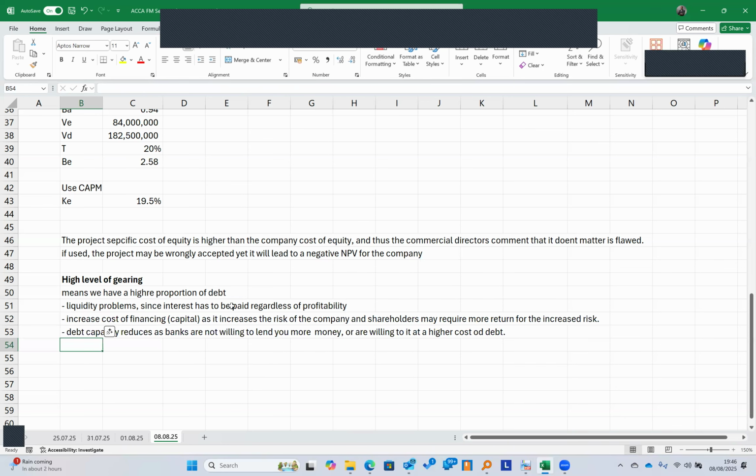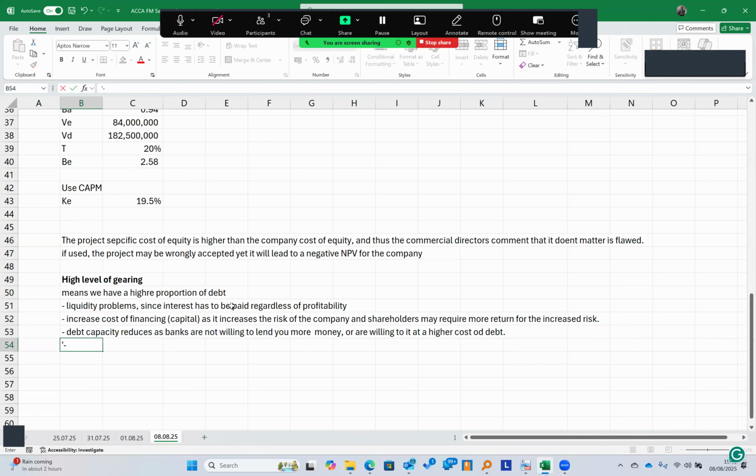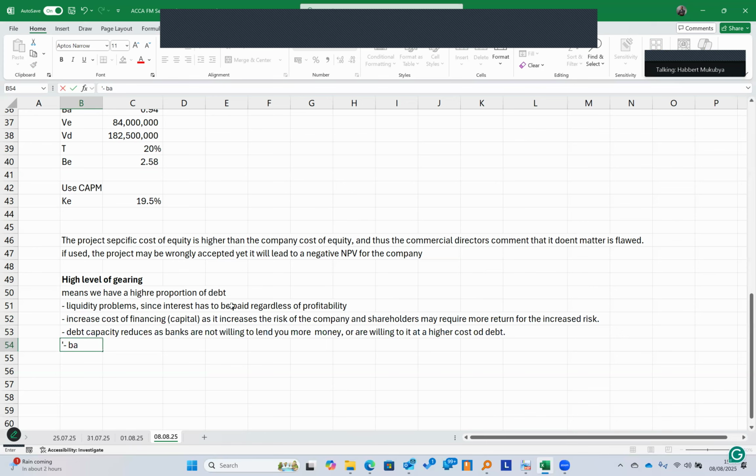They asked for 3, but there are also things like bankruptcy, which can arise from liquidity. Bankruptcy is a legal term whereby you file that you are unable to pay your creditors.